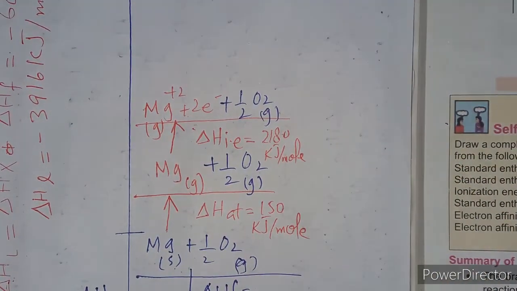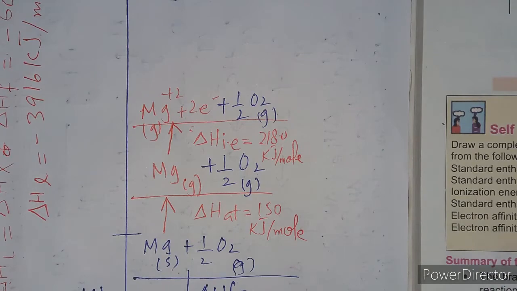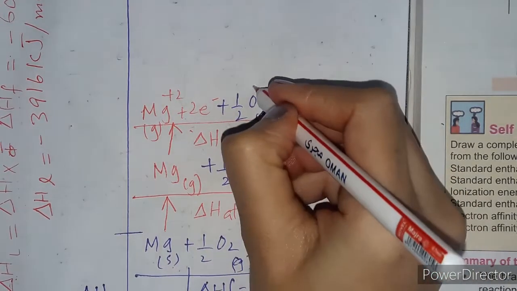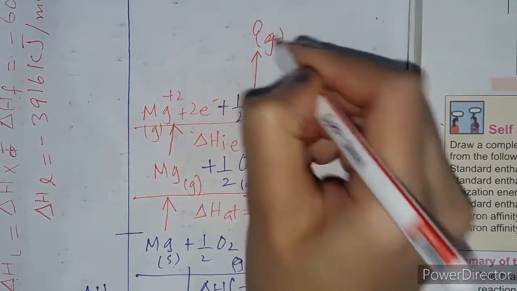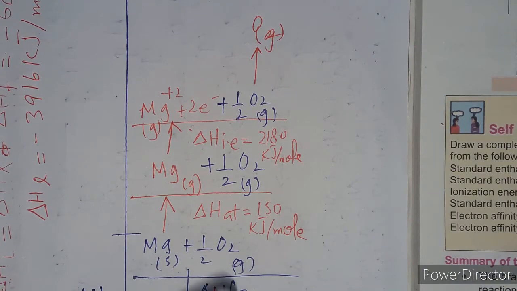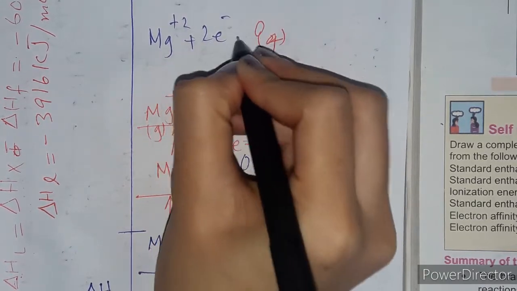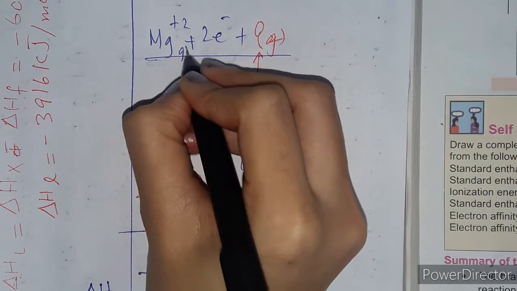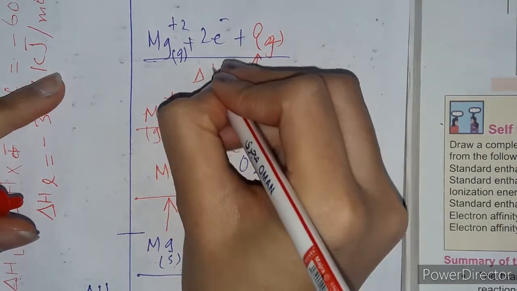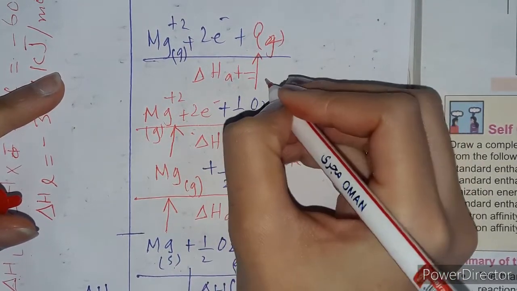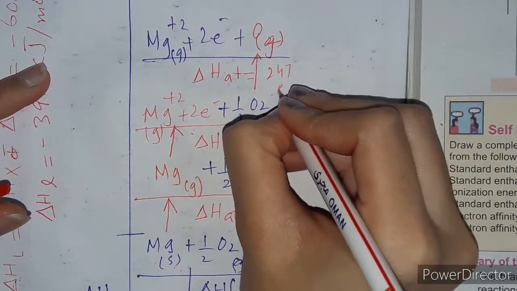Now focusing on oxygen, oxygen would convert into single oxygen gas, and the magnesium ion remains the same. Here the enthalpy of atomization is included, which value is 247 kilojoule per mole.